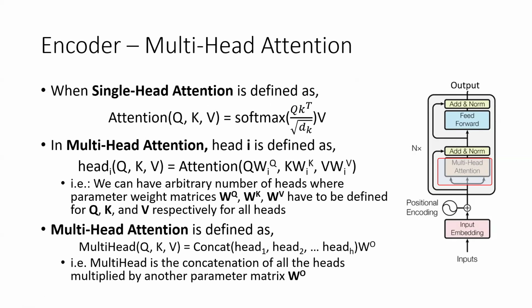This is similar to the filters that are used in convolutional neural networks. If you think about how the convolutional operation happens with one filter, this is analogous to the attention in the transformer architecture.